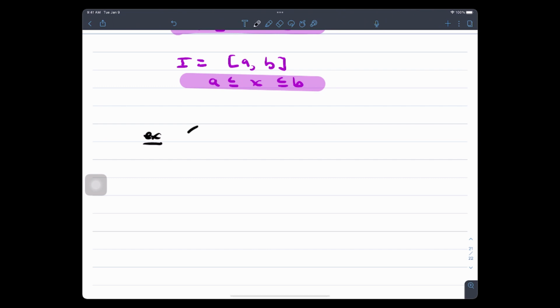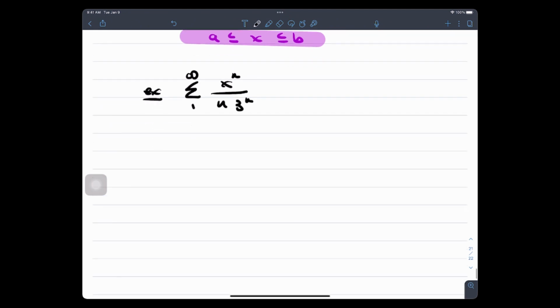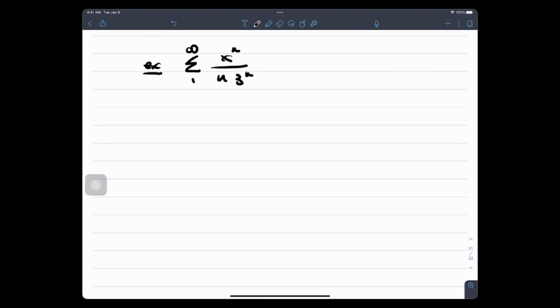So let me give you guys an example here, okay? This is a power series. Do you guys see the variable x? You go, yeah, I see the variable. So that makes this a power series. Okay?